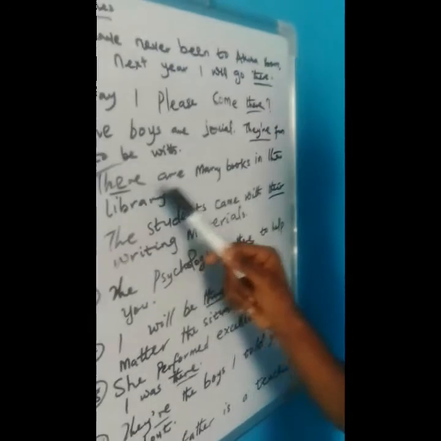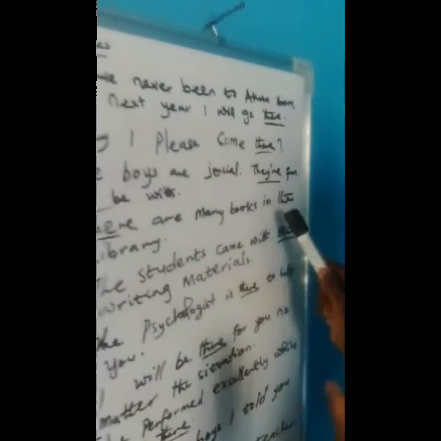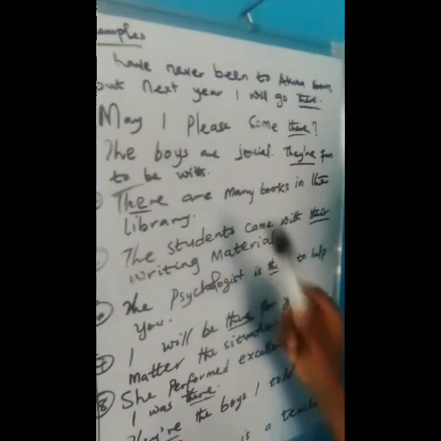So, there are many books in the library. It doesn't talk about a place, nor does it talk about the opposite of the adverb here. No, it is a pronoun talking about books in the library.